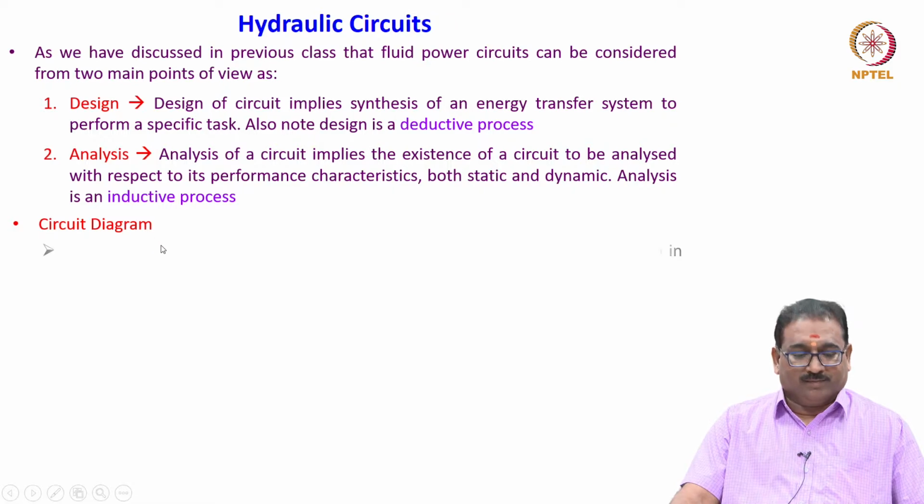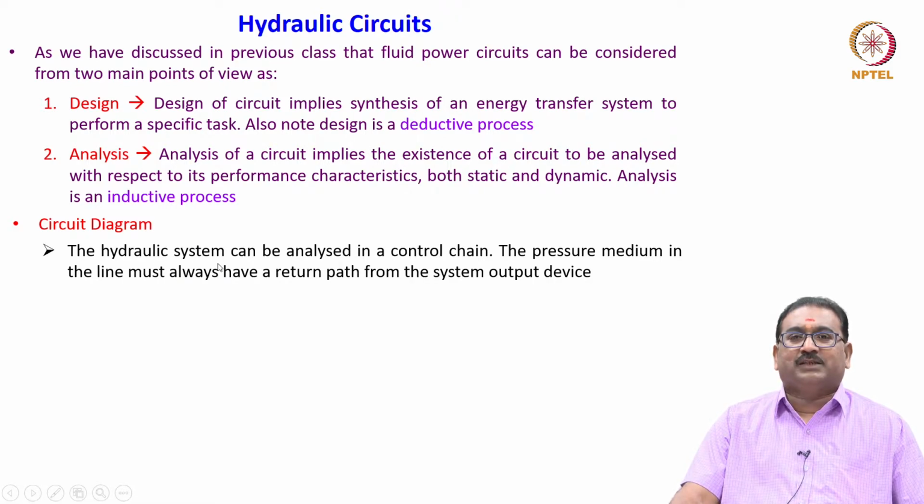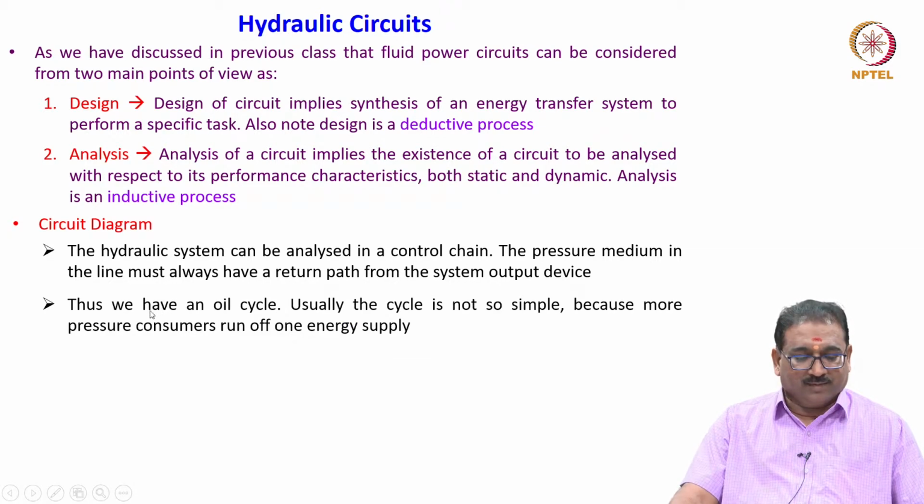Circuit diagram. The hydraulic system can be analyzed in a control chain. The pressure medium in a line must always have a return path from the system output device. Thus, we have an oil cycle.